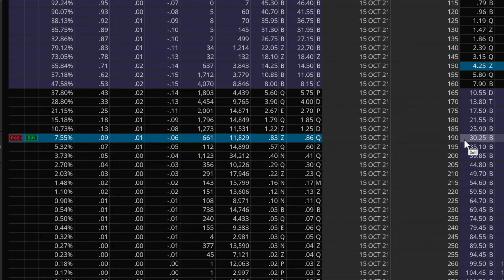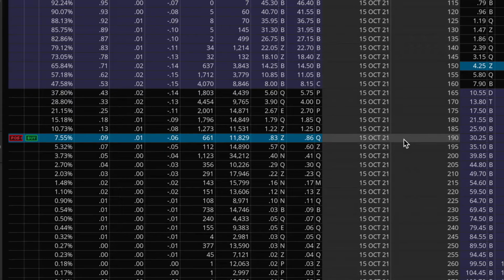In doing so, I will have converted this initially naked short call option into a covered call option, in which case it does not matter how much higher Alibaba goes after that, right? Because when you sell a call option, you as the seller are obligated to sell 100 shares of the stock at the strike price should this option be in the money by the expiration date.